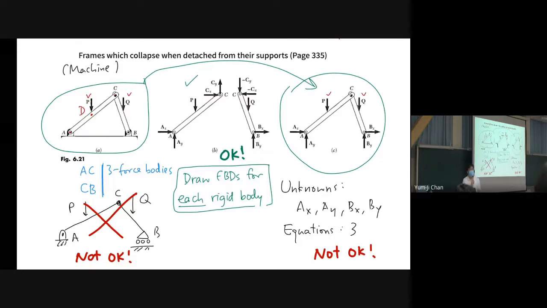Because we have two rigid bodies, AC and CB, we need to draw two free body diagrams.